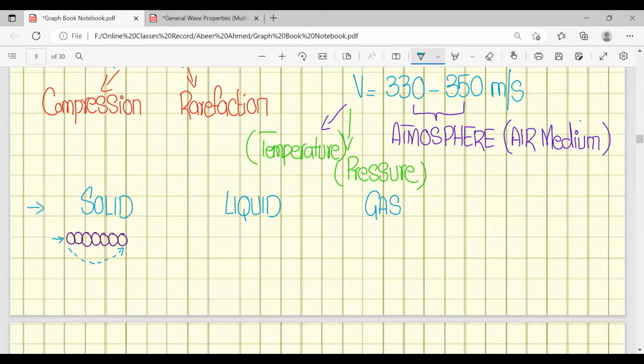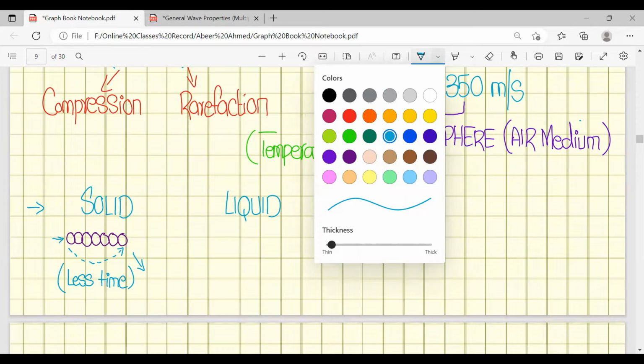Less time, because these are very tightly packed, so energy will transfer more rapidly, right? So that's why sound takes less time to travel in solid. And the reason is this, that molecules are tightly packed with each other.